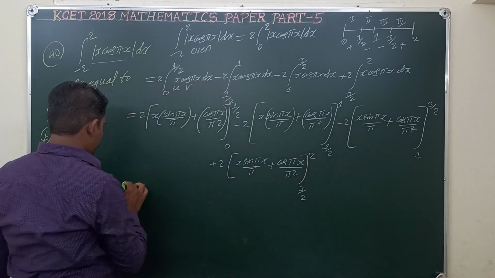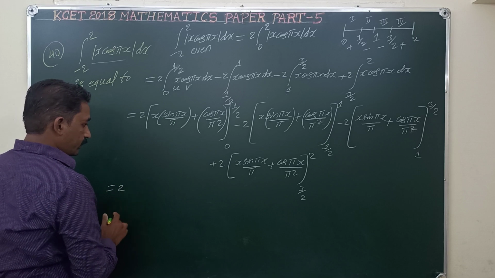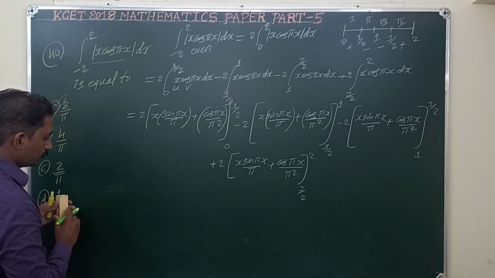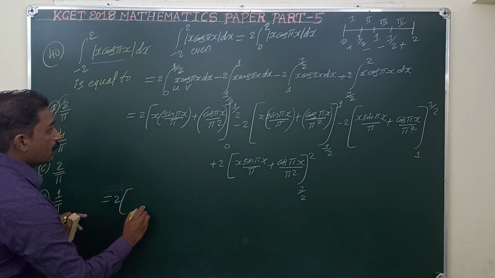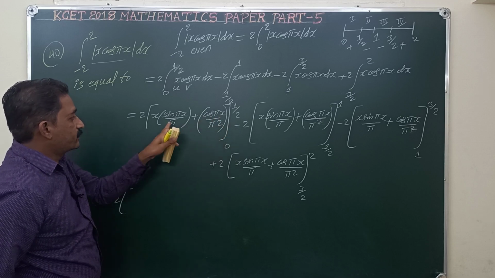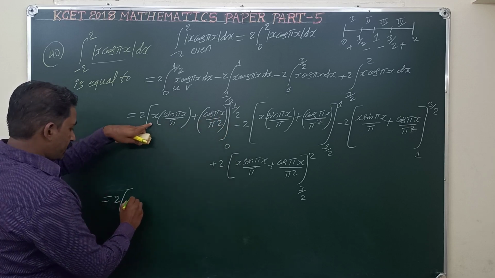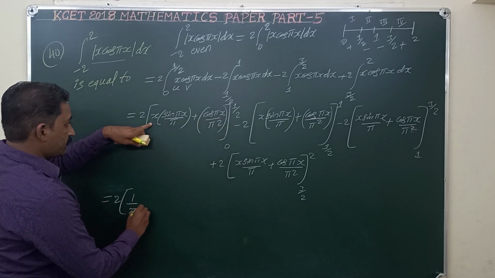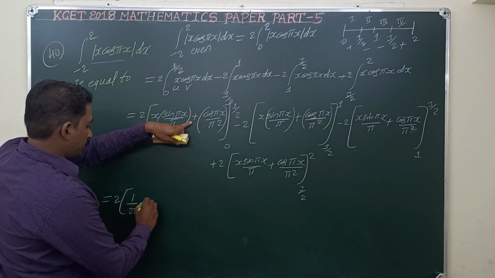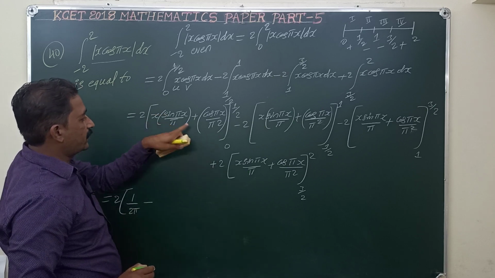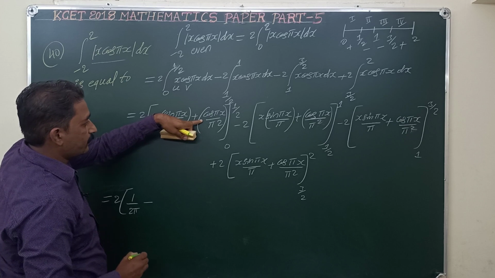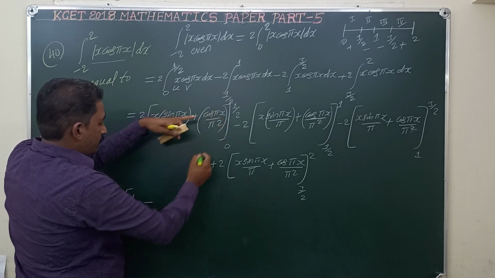Now apply the limits. In the first term, 2 into: apply the upper limit, the second part becomes 0, only the first part remains, 1 by 2 pi, sin pi by 2 is 1. Next, apply the lower limit: the first part becomes 0, only the second part, cos 0, 1 by pi square.